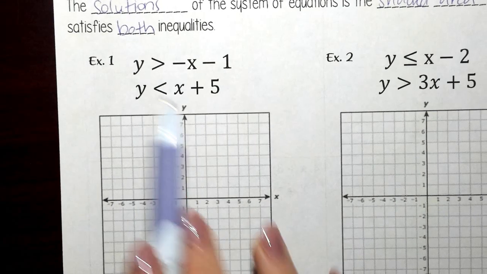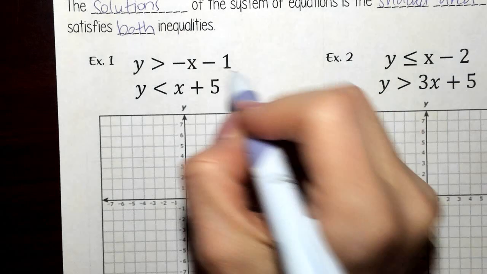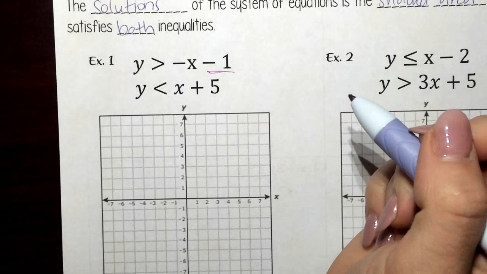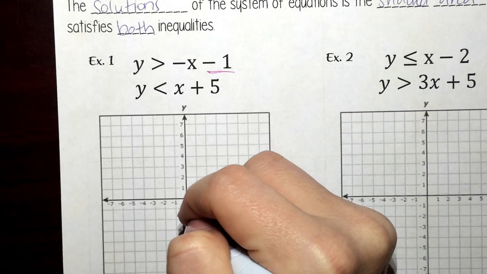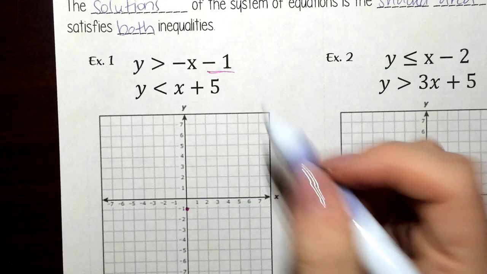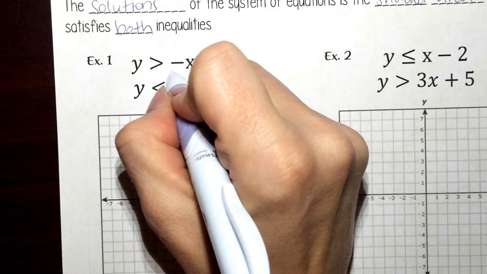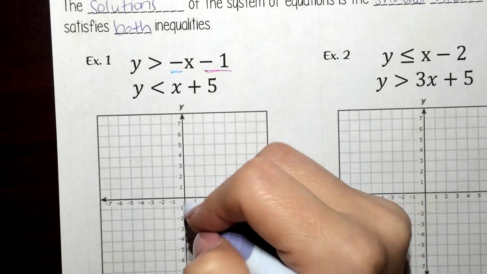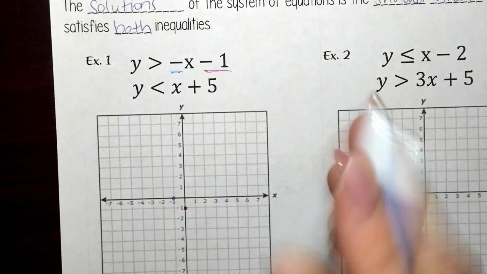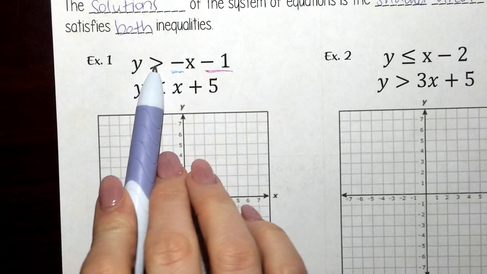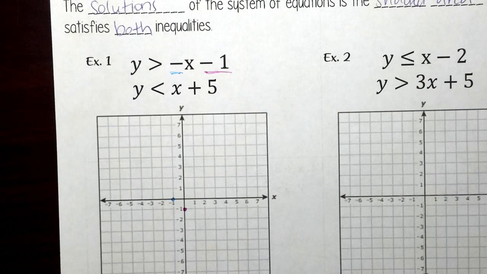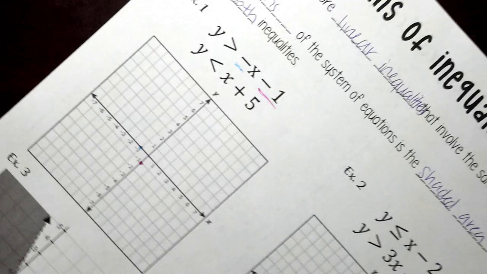So let's look at these. Remember, we want to always start graphing with our y-intercept. So I'm putting a point right here at -1, and then I'm going to graph points based on slope. My slope here is -1, so I'm going to go up 1 to the left 1. And this tells me that I have a dashed line.